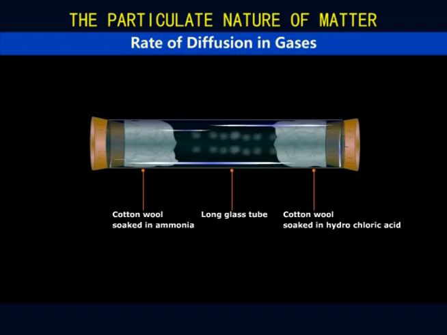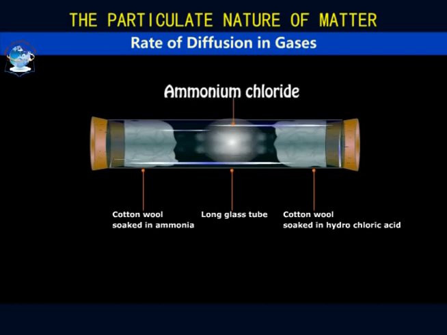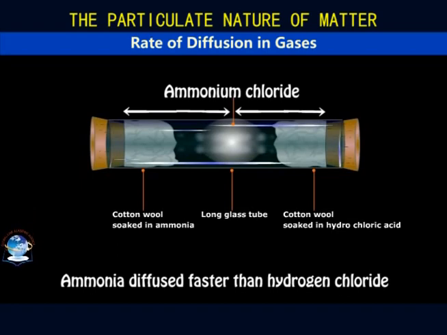After a short while, a ring of dense white fumes is formed. This is ammonium chloride formed when hydrogen chloride gas reacts with ammonia after meeting. The position of the fumes suggests that ammonia diffused faster than hydrogen chloride. We will deal with the rates of diffusion later in Form 3.